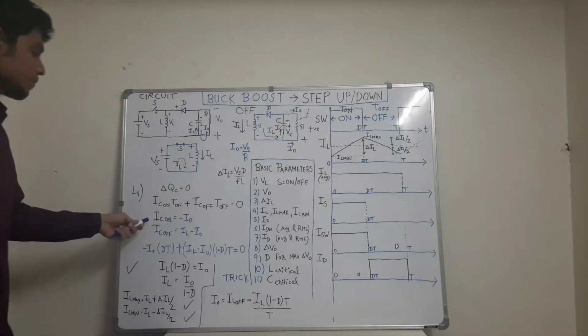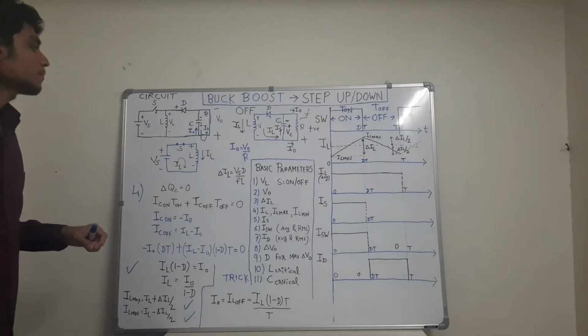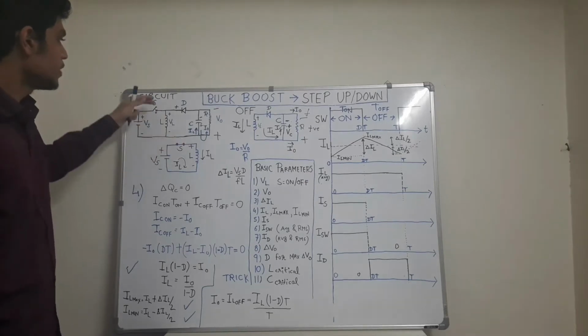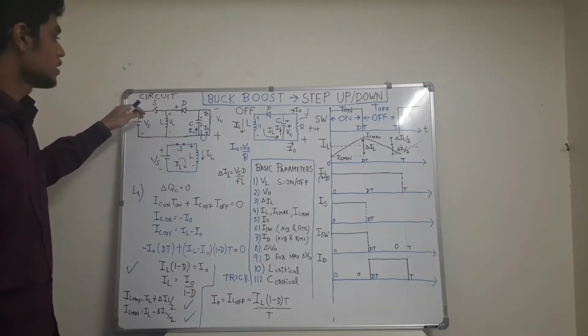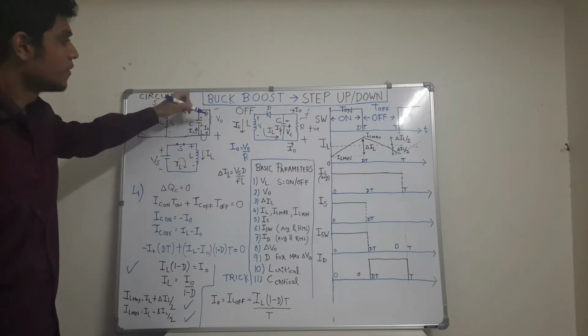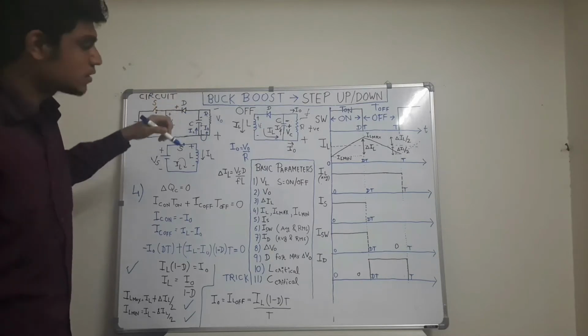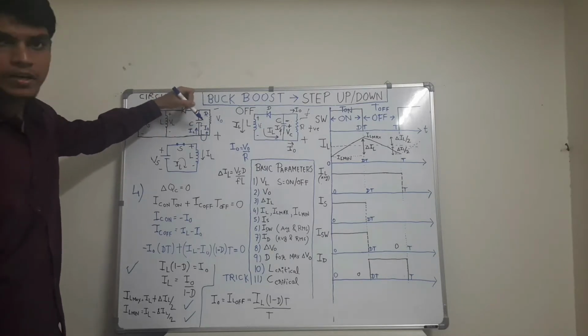So now, what is the on time current? Whenever the switch is closed, this part of the circuit is isolated, so the load is supplied with the help of the capacitor.